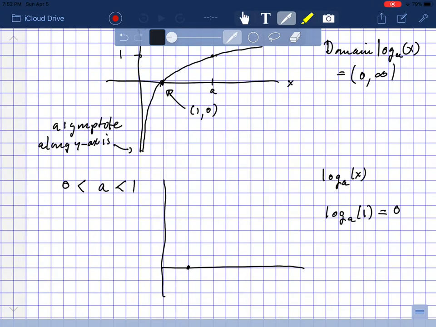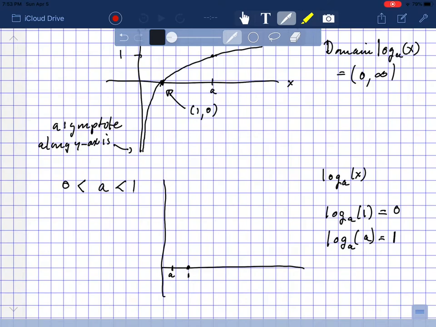Again, the log base a of 1 is equal to 0, and the log base a of a is equal to 1.